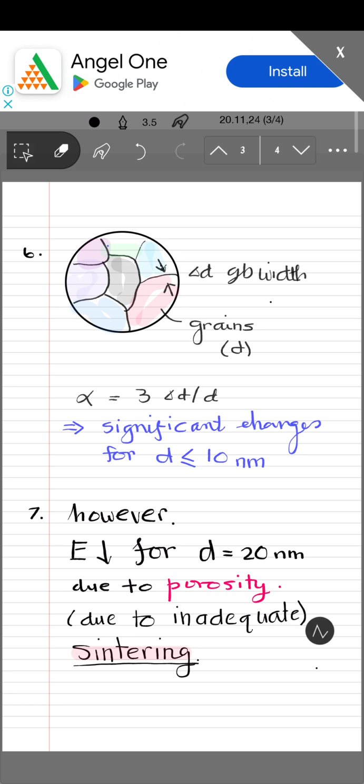So this is mainly due to inadequate sintering, that is the process of making the atoms form and coalesce into larger ones. This process of sintering, which is mainly found in ceramics, is inadequate, and so there is some porosity existing in the fabricated nanomaterials, which may cause a decrease in elastic modulus even for a grain size of more than 10 nanometers.